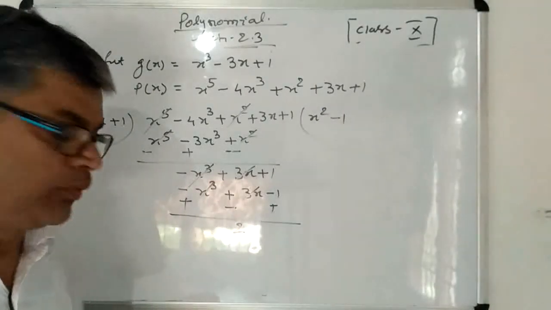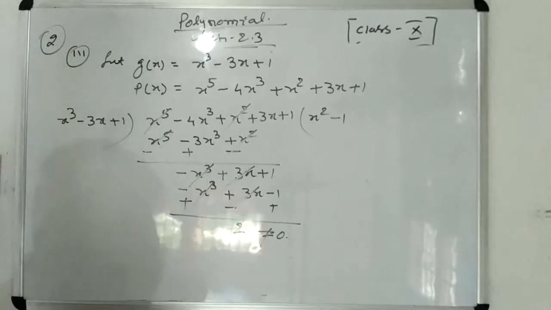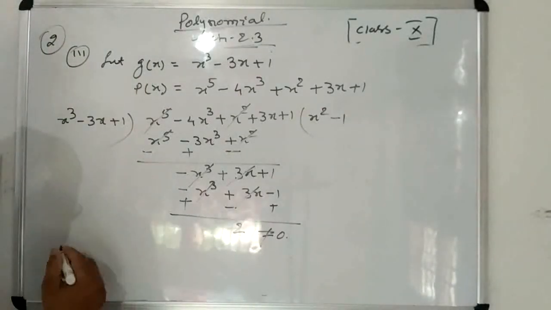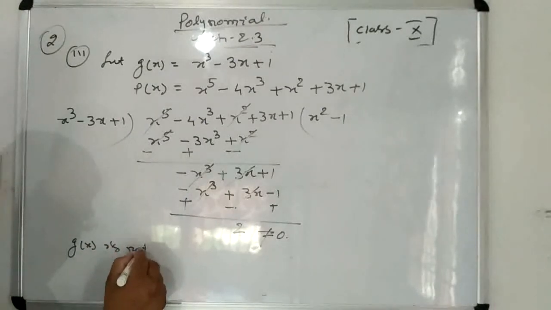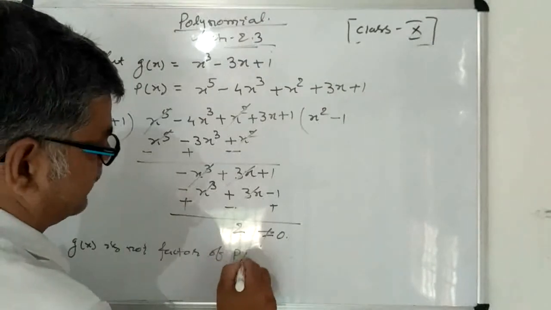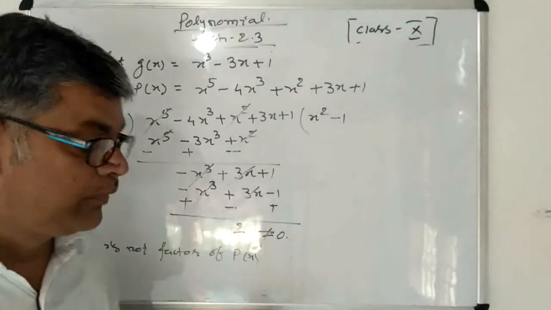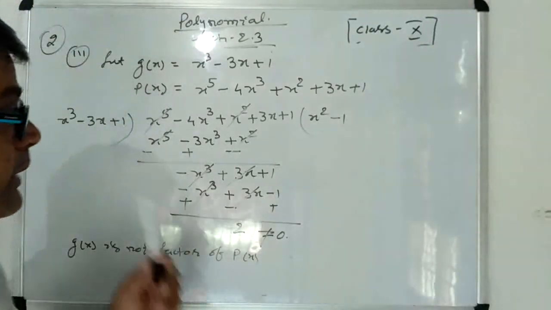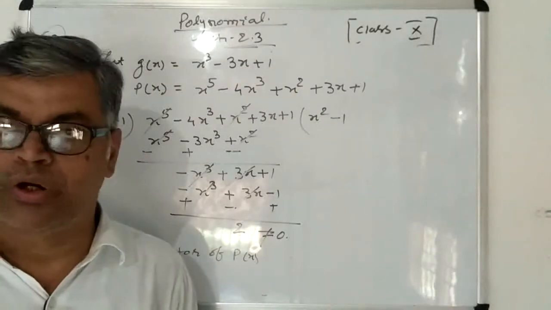The remainder is not 0. This remainder is not equal to 0. So we can write that g(x) is not a factor of p(x). If the remainder comes 0, then g(x) will be a factor of p(x). But here the remainder is not equal to 0.